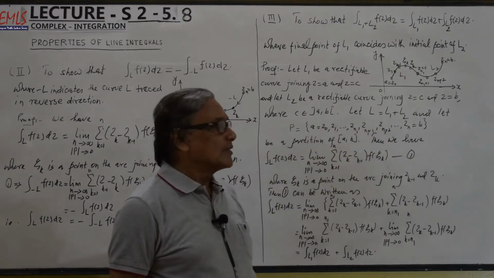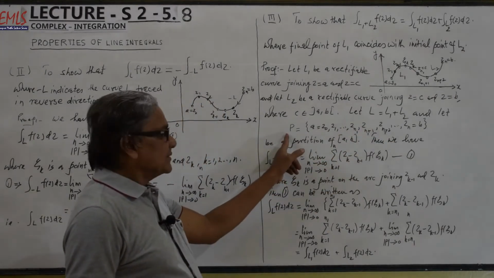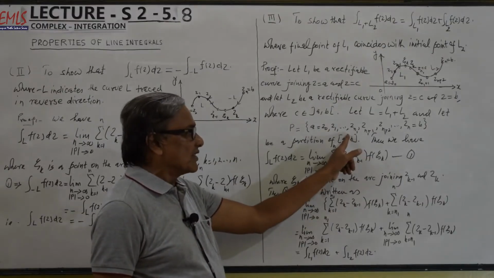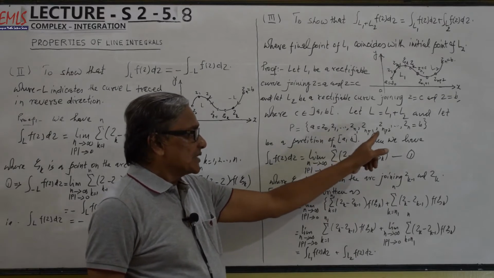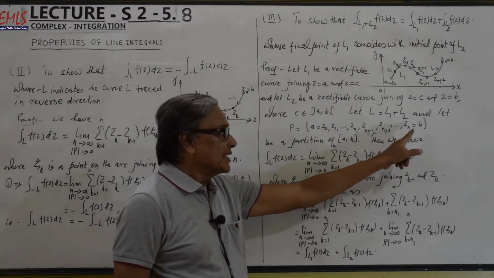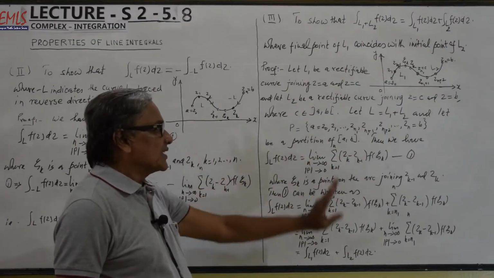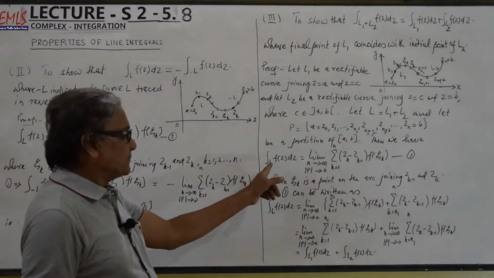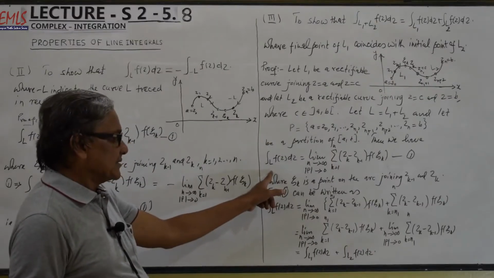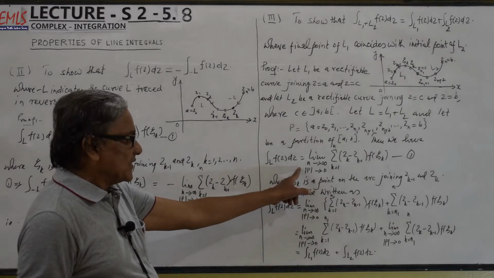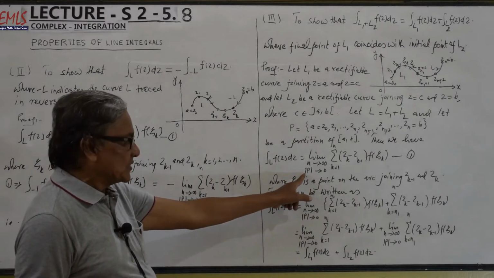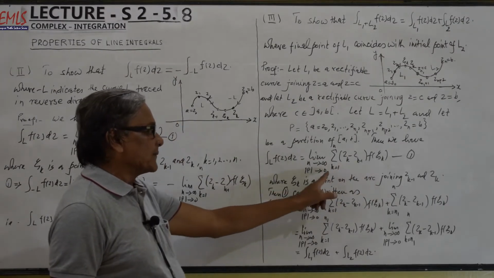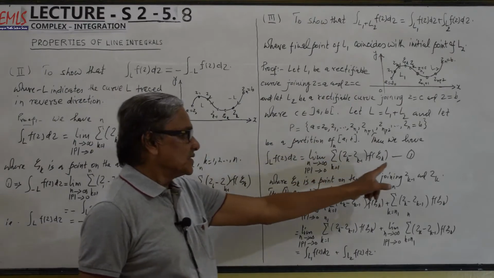Let L equal to L1 plus L2, and let P consisting of points A equal to z0, z1, ..., zn1, zn1 plus 1, zn1 plus 2, and so on, zn equal to B, be a partition of closed interval AB. Then we have integral over L f(z) dz equal to limit n tending to infinity, norm p tending to 0, sigma (zk minus zk-1) f(xi k), k equal to 1 to n, number 1.